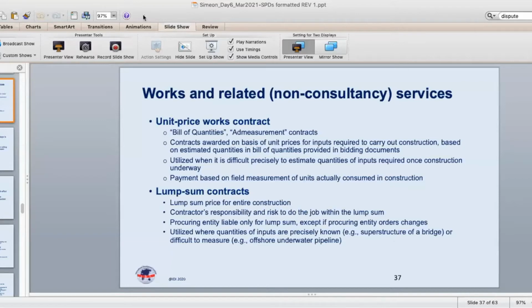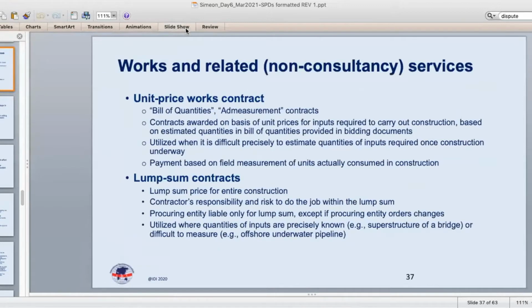Okay, I can see it. I'll now try to do slideshow.